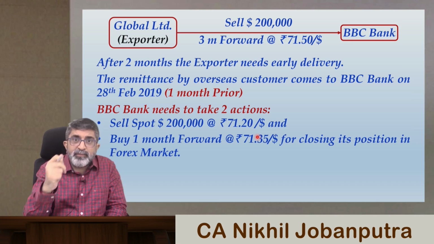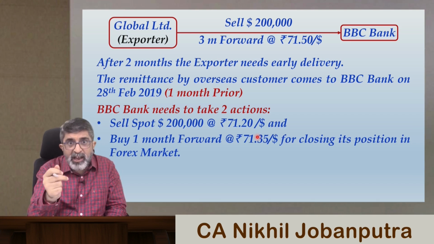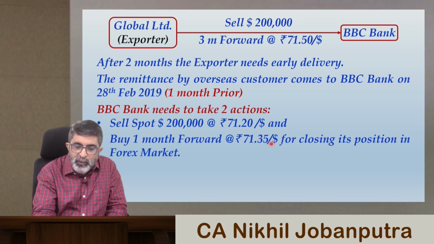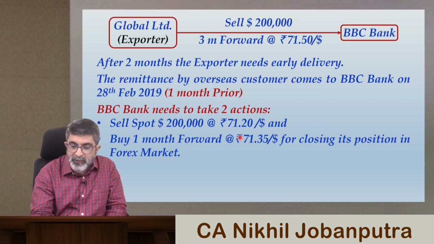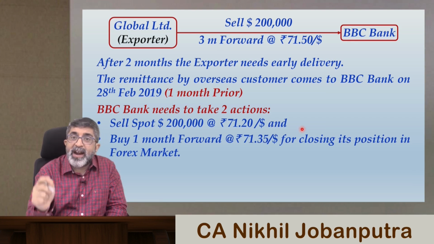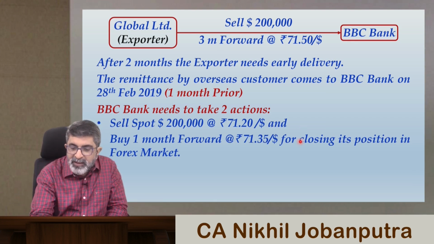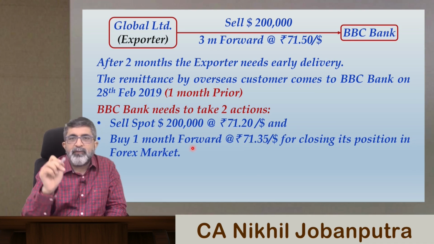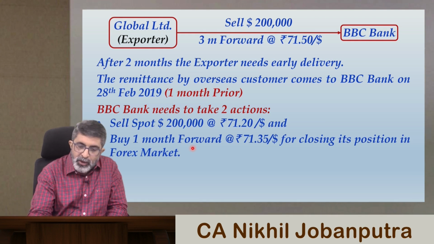To that you add 10 points premium, and it will result into 71.35. For closing, now who is going to enter into a 1 month forward buy contract? The BBC Bank. BBC Bank would have entered into a 1 month forward buy contract to close its position in the Forex market. So it is basically cancelling its position in the Forex market.